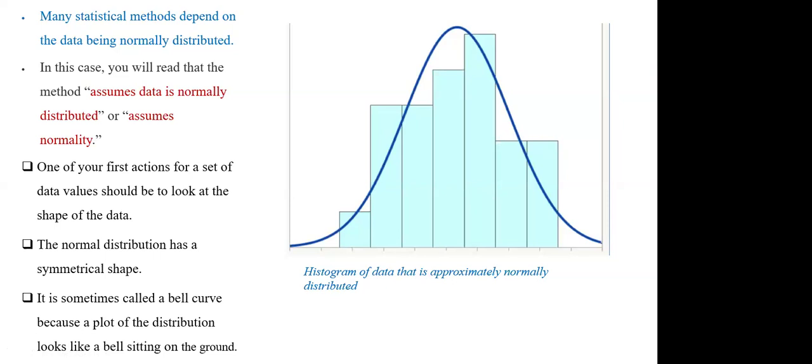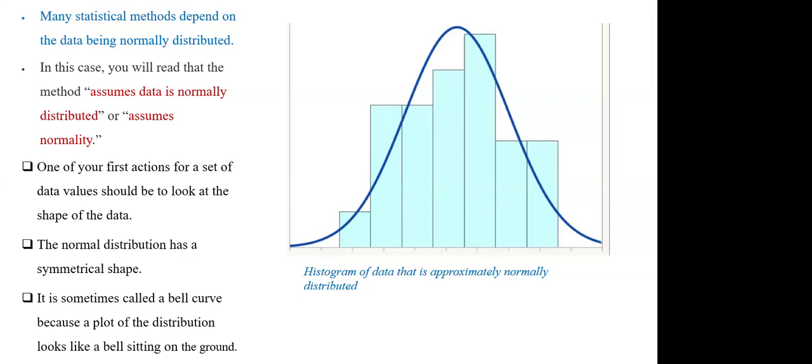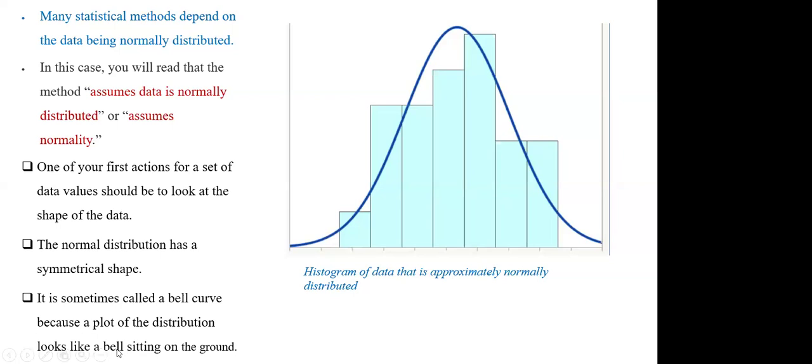Therefore, we can assume that the data are nearly normally distributed. It is called assumes normality. Not really a normal distribution, but we can assume that it has a normal distribution curve. That is what this part says.